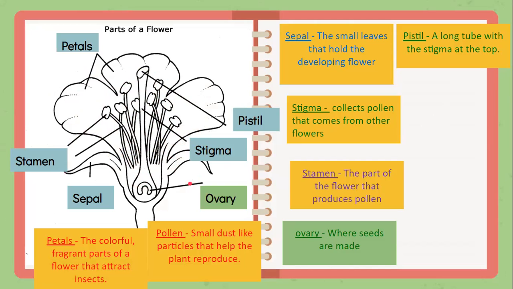The pollen is the small dust-like particles that help the plant reproduce. So that makes seeds. The sepal is the small leaves that hold the developing flower.